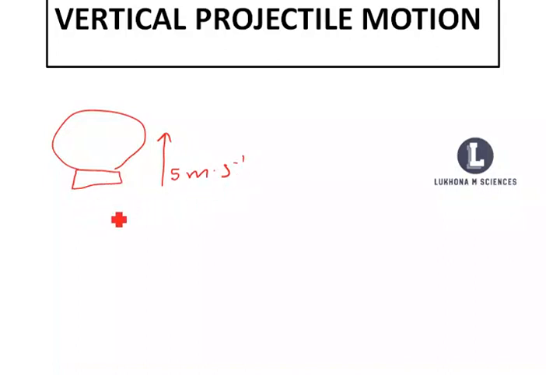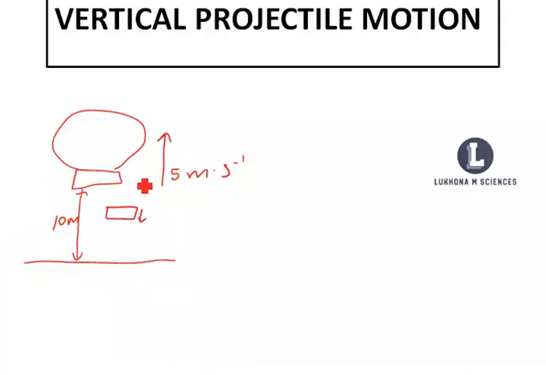Then it drops, let's say, the cell phone, it drops the cell phone at 10 meters above the ground, right? So the question that can be asked here is the final velocity of the cell phone when it reached the ground.